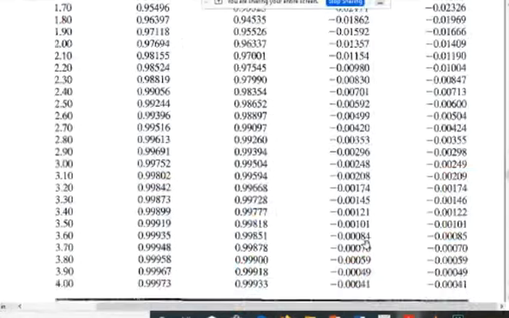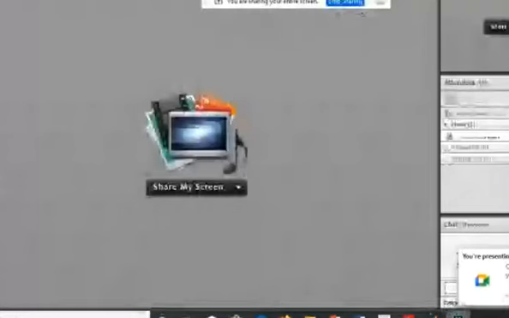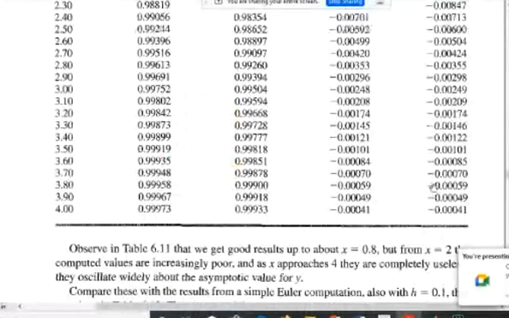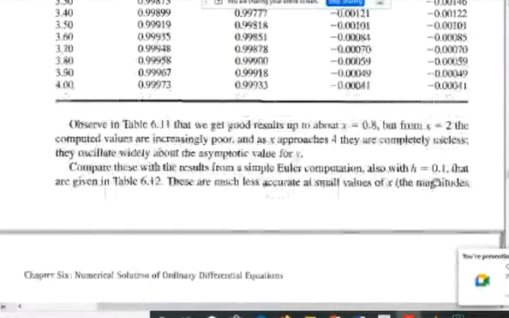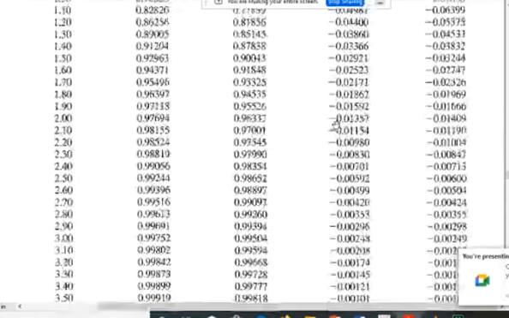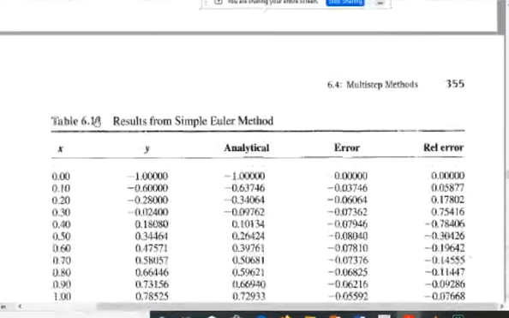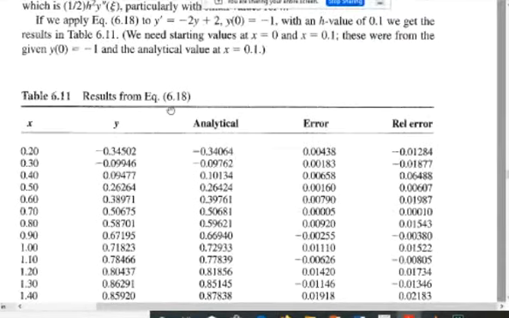And we need to design or figure out a stable algorithm for solving a differential equation. The book says, as observed in Table 6.11, we have this table, 6.11.